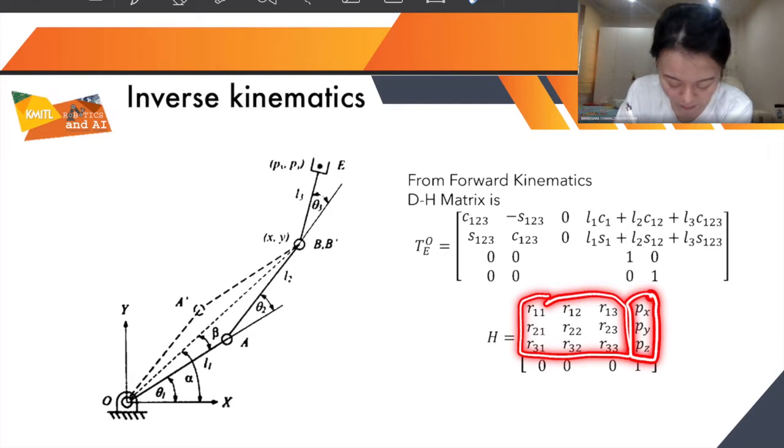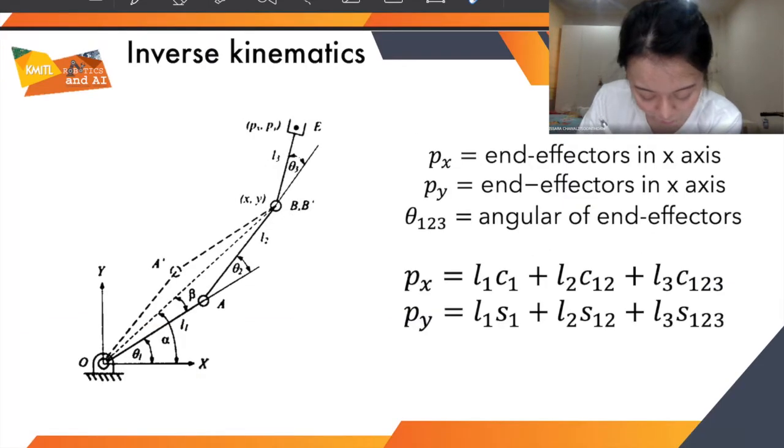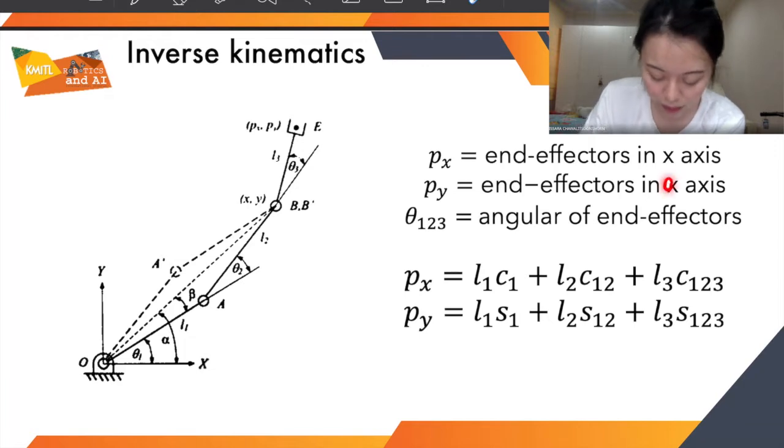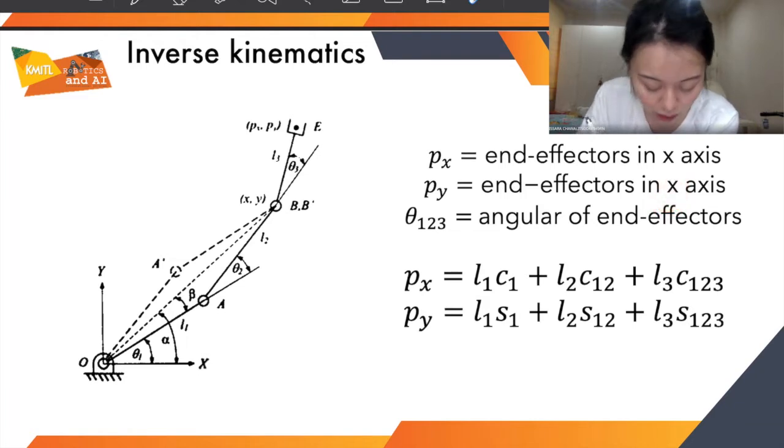As you can see here, we have Px and Py. We have only Px and Py because it is a 2D plane. Px is the end effector in the x-axis and Py is the end effector in the y-axis. And theta 1, 2, 3 is the angle of the end effector.